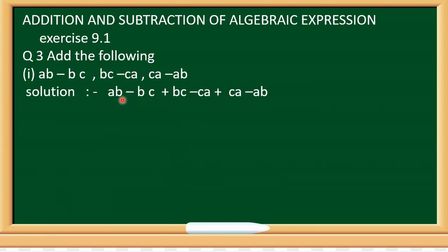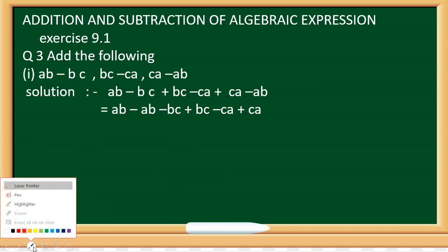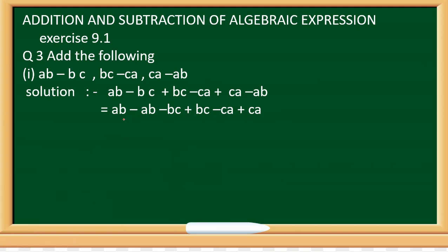Now separate the like terms, that is the terms which have the same variables. Now take AB, AB is there, like term is there, minus AB. So we can write AB minus AB, minus BC, and this plus BC. So in this way we can separate the like terms and write them individually. Then we get AB minus AB.